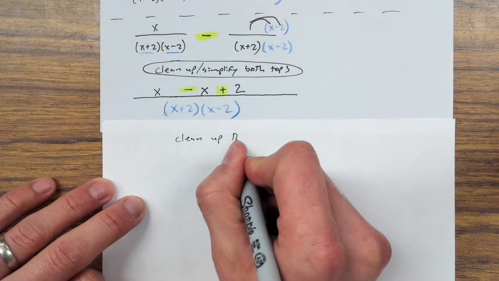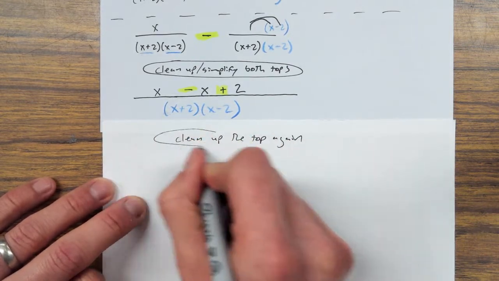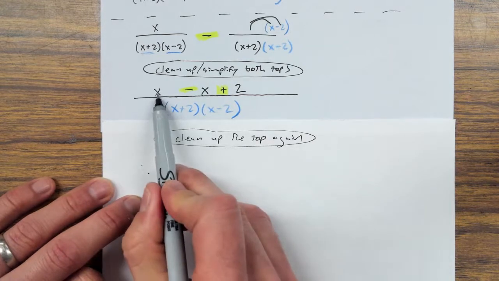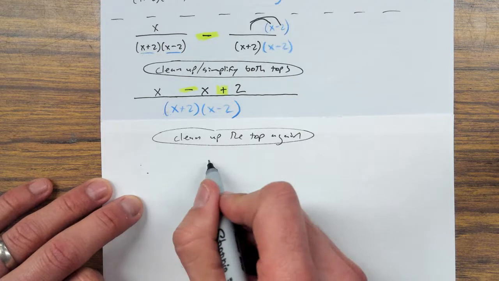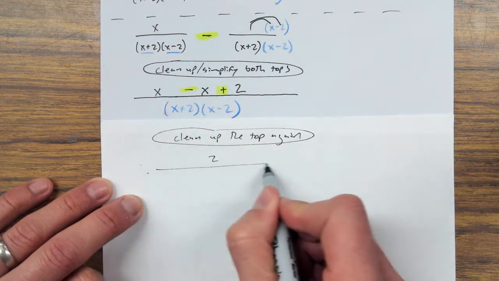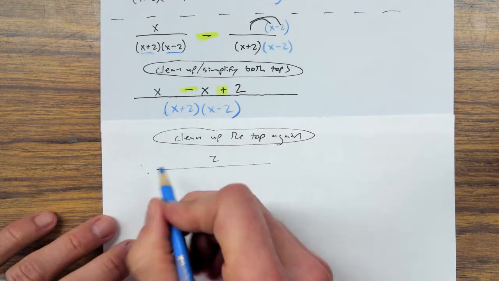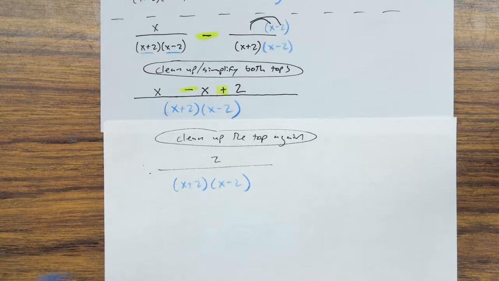Then moving on. Clean up the top again. So now look at what the top is. X minus x plus 2. X minus x plus 2 just becomes 2 because the x's cross out. Over x plus 2, x minus 2.